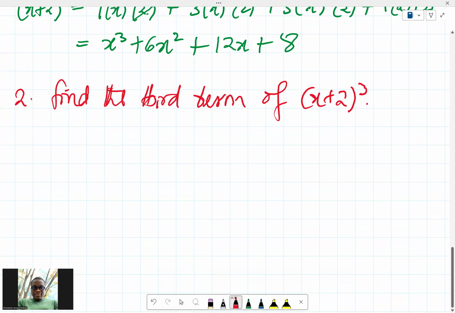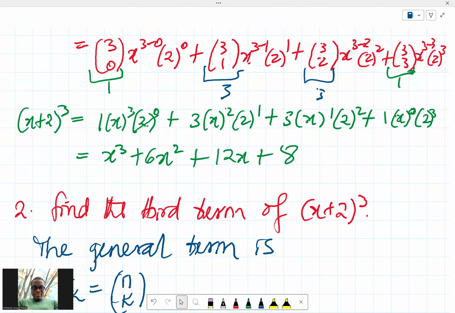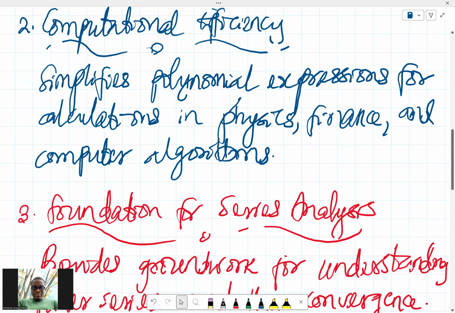That's all I want. So in that case, all you just need to do is know the general term, the general term is tk, which we have before, which is n combination k, a raised to power n minus k, b raised to power k.